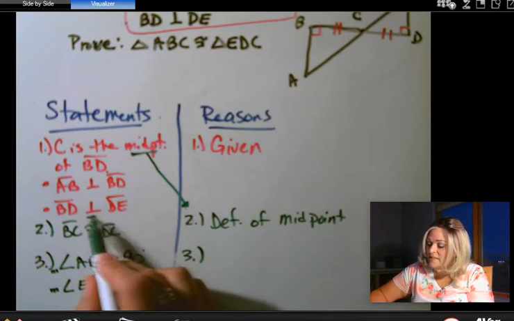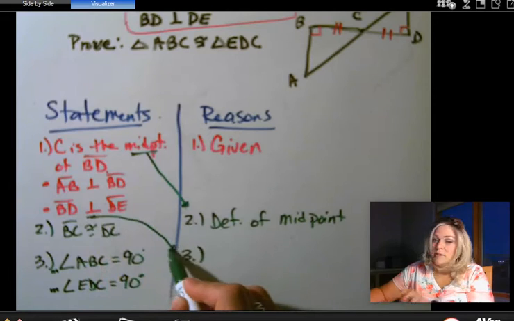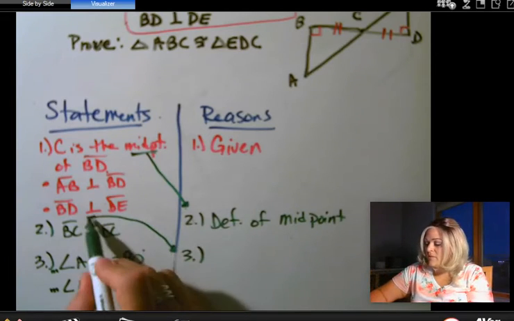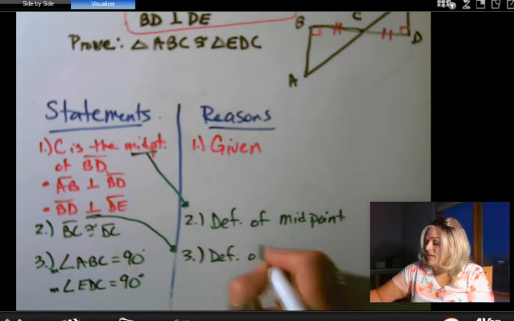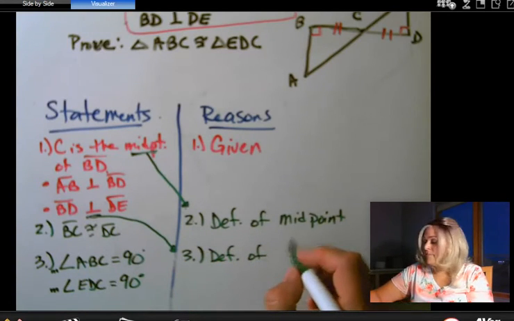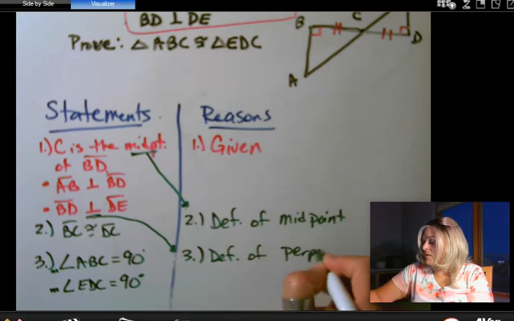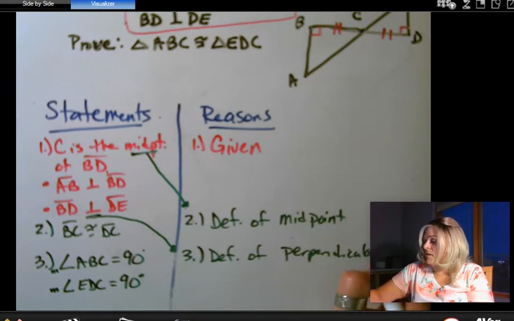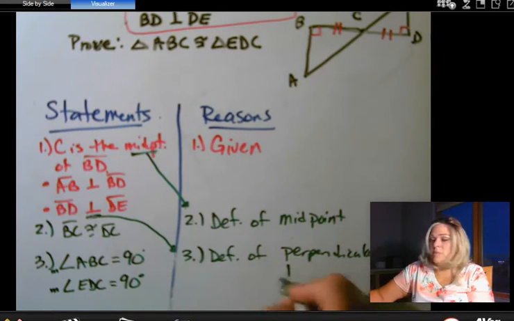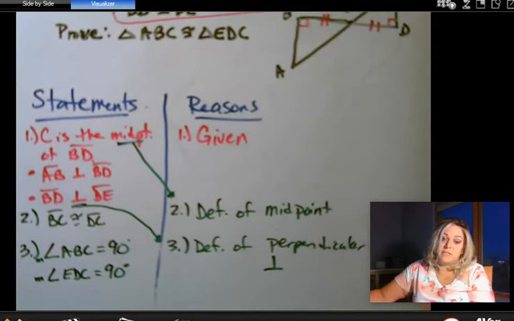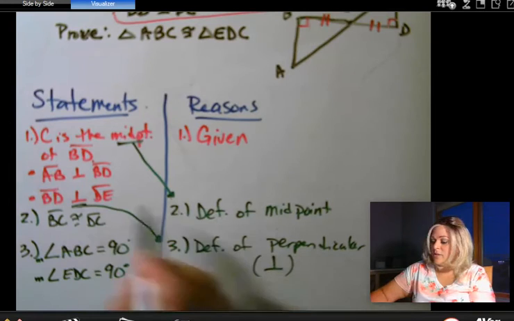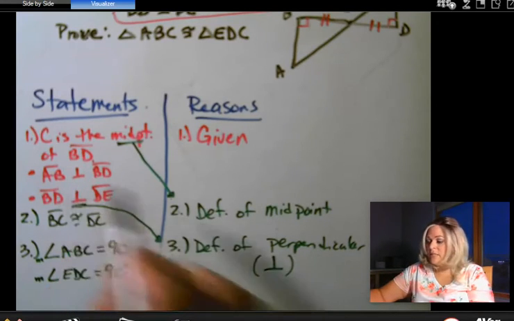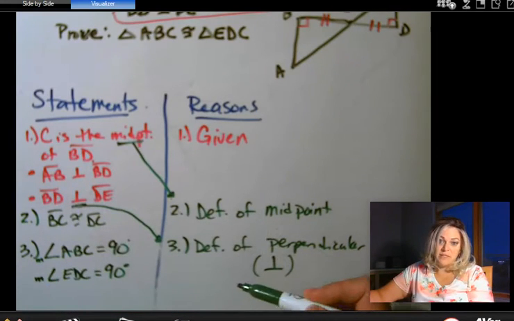Because of this word or symbol. That symbol is the definition of, and you can write perpendicular. I could say definition of and just put the symbol, because that's what it is. Definition of that symbol, perpendicular. So I use what's in the given to lead me to the next 2 steps.